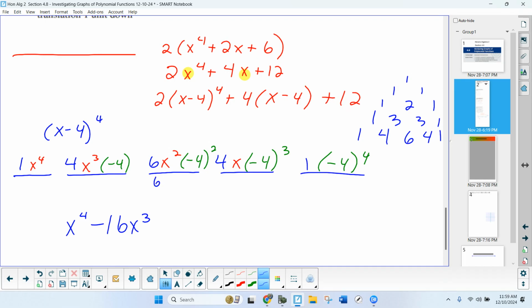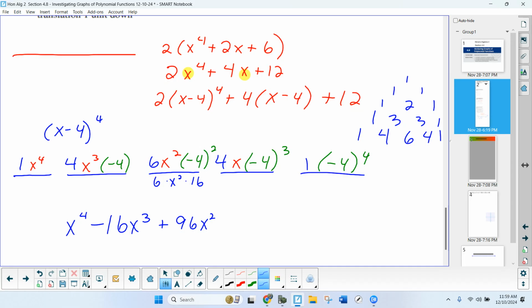This is 6 times x squared times 4 times 4, which is 16. What's 6 times 16? 16 times 6, that'd be 36, that'd be 6, that would be 96, right? 96x squared.